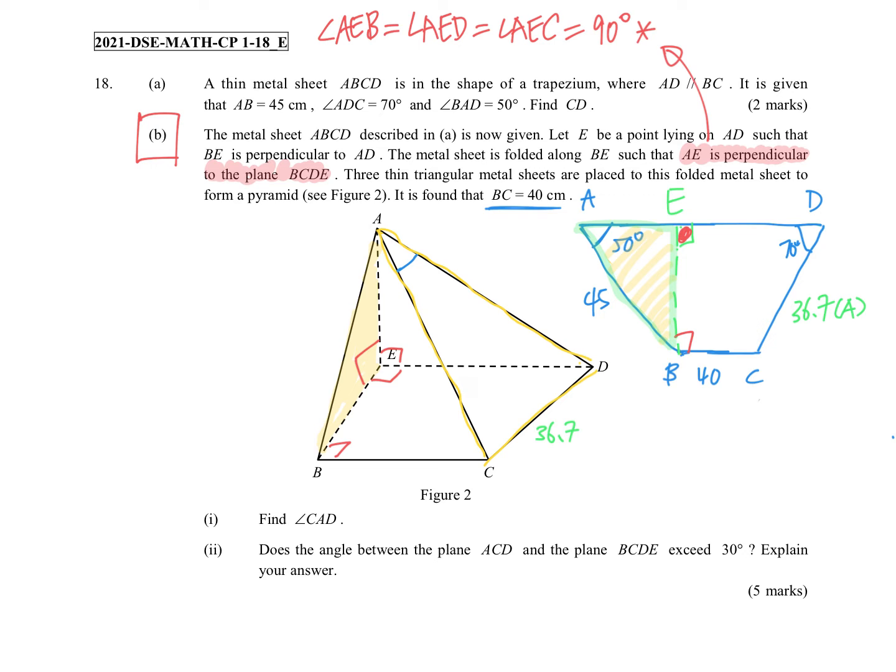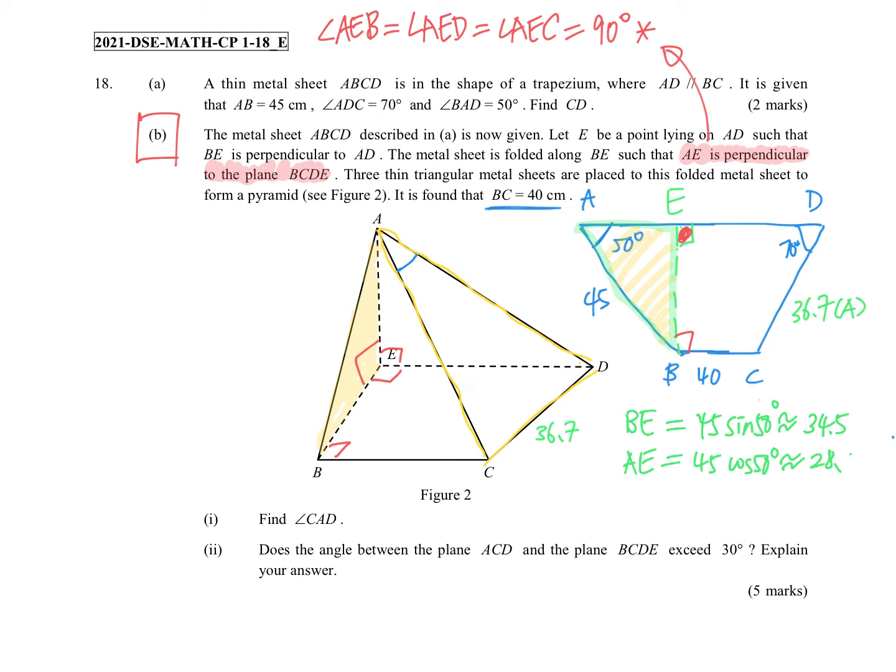So from this right angle triangle, BE will be equal to 45 sine 50. So that's BE, that will be 34.5. And then AE will be 45 cosine 50. And by using calculator, that will be 28.9.